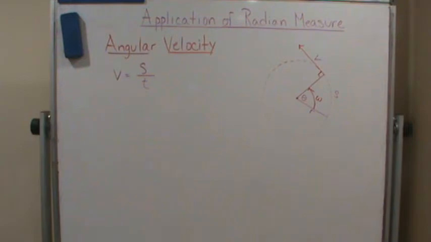Now, when the object is moving in a circular path with a constant speed, the distance traveled is the arc length. So now we've got s as the arc length through which it moves. So we're going to divide both sides by t.